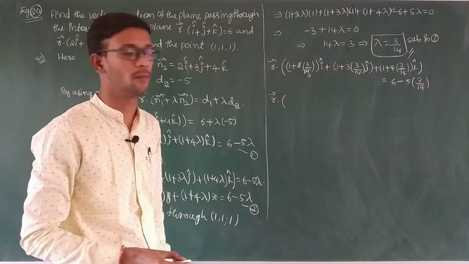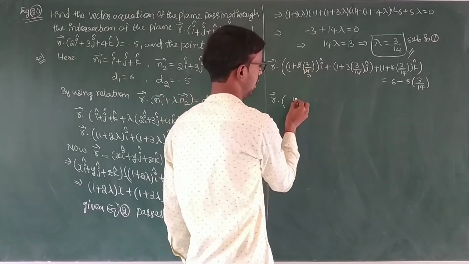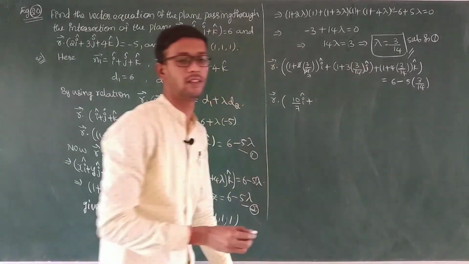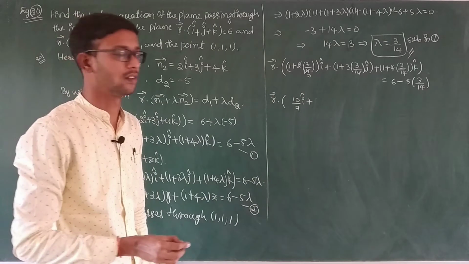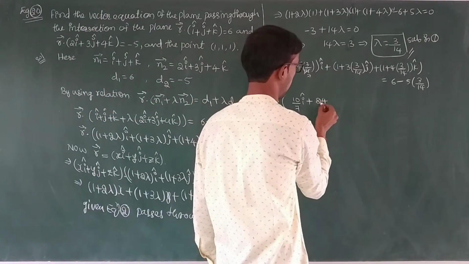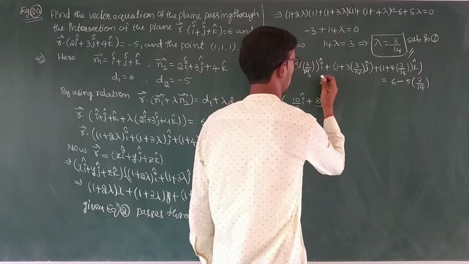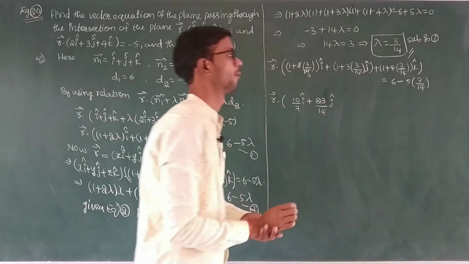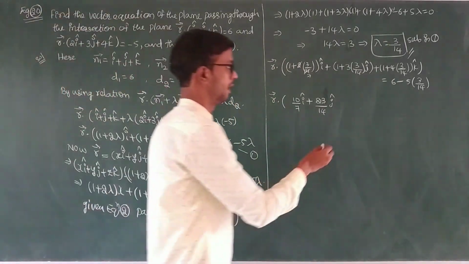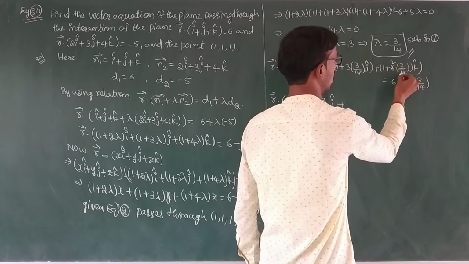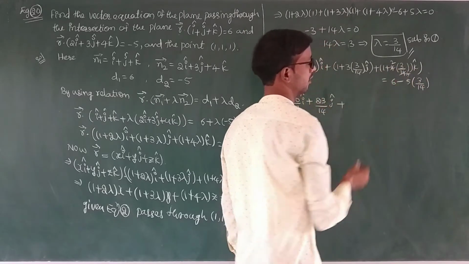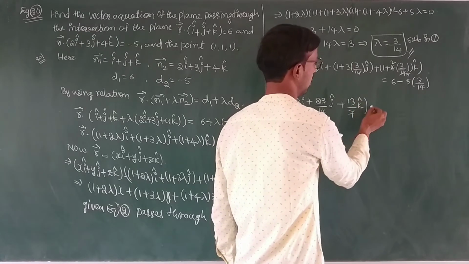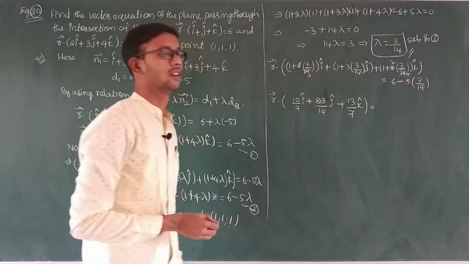If you take the LCM, how much do you get? 7 plus 3, 10 by 7 I cap plus here 3 3s are 9, 14 plus 9 is 23 by 14 J cap. Next step, plus 2 7s are 14, 7 plus 6, 13 by 7 K cap is equal to, here you have to make the simplification.